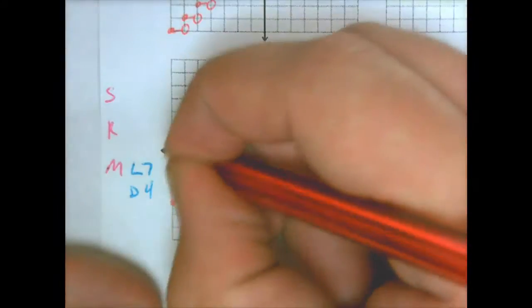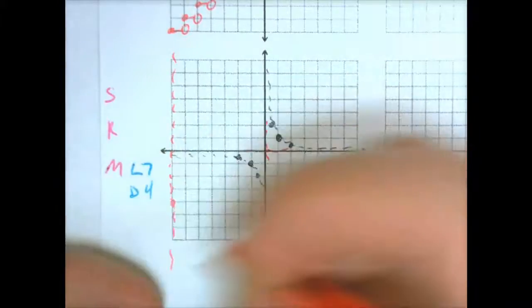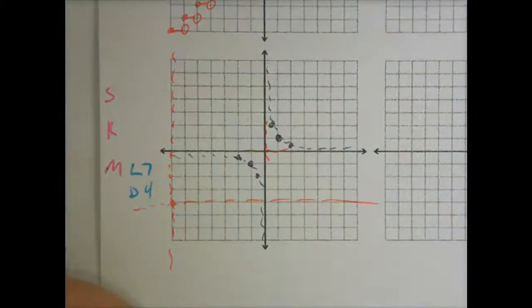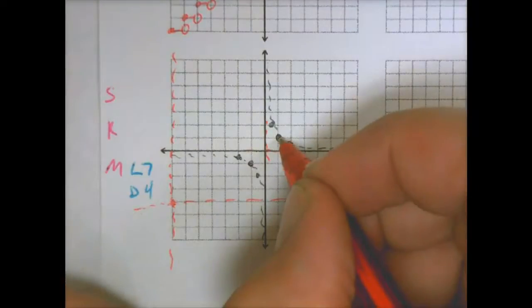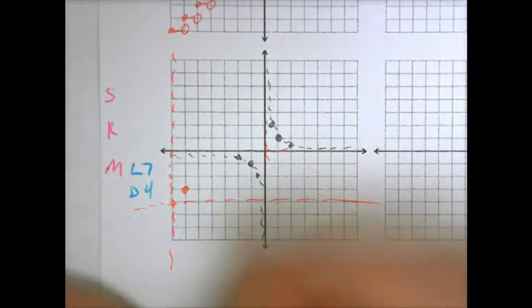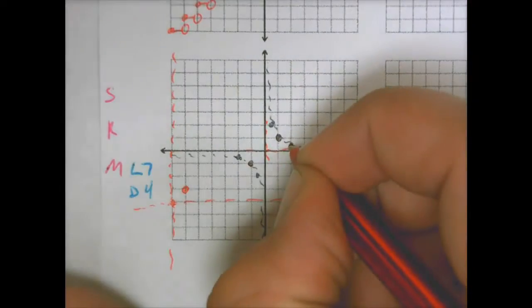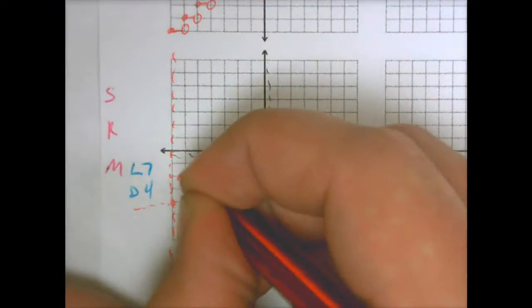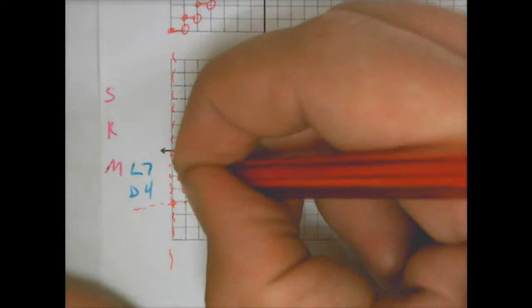So I have asymptotes here, coming out that way and going that way. And then same thing, if I took this point and moved it left 7, down 4, this would end up right there. Same thing, take this point, move it left 7, down 4, and then there is that part of the graph.